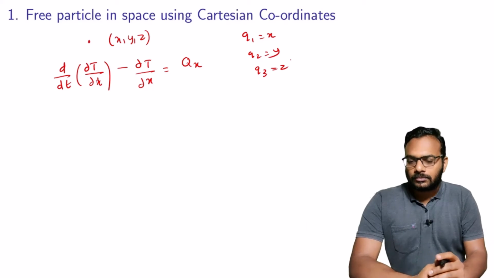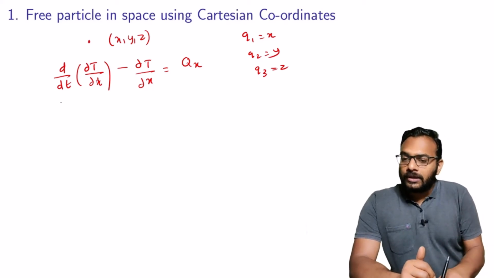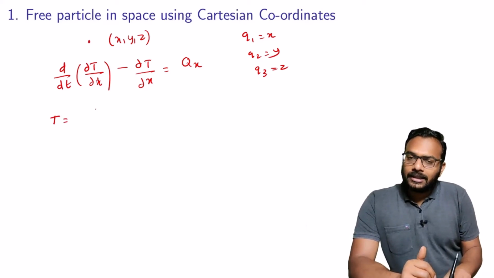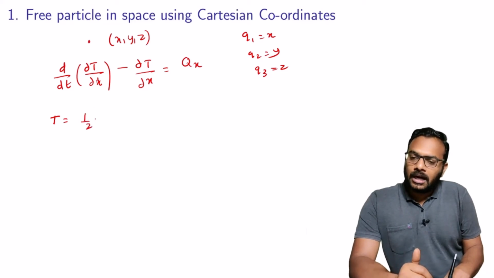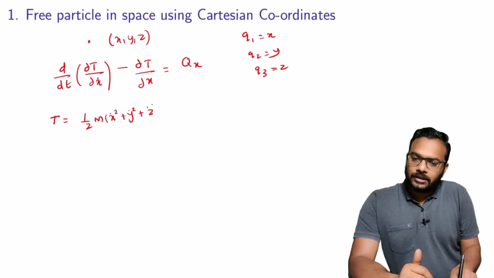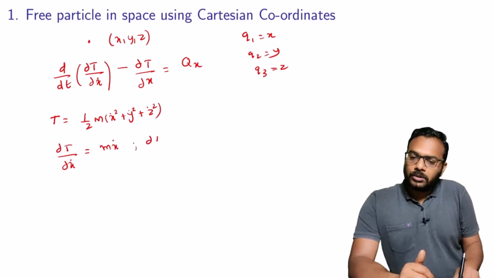Now we know that kinetic energy can be written in this form: half m times x dot squared plus y dot squared plus z dot squared. So you see that ∂T by ∂x dot becomes m x dot, and ∂T by ∂x in this case is equal to 0.